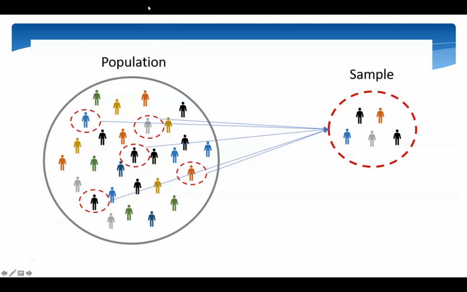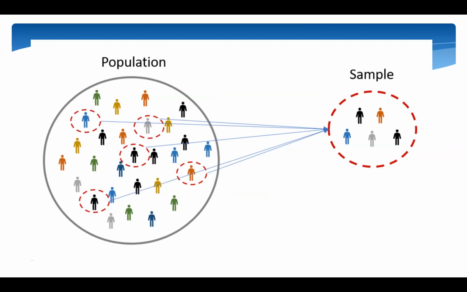So now what you see over here is population and sample. I'm starting from the beginning. We use statistics because we want to do research, and when we're doing research, we can't use the entire population. Even if you take a small city like Bangalore, there are lakhs of people there, and to find something relevant to Bangalore, we cannot get data from everybody. So we do random sampling, and we take a small sample of people to represent the population.